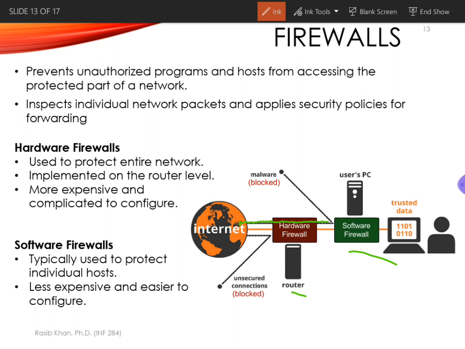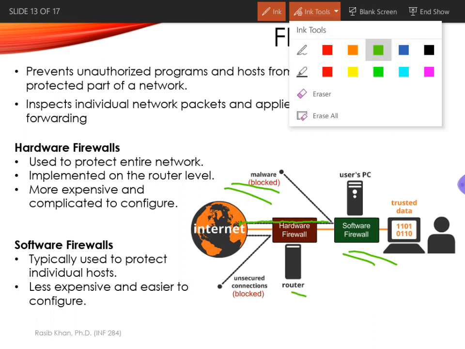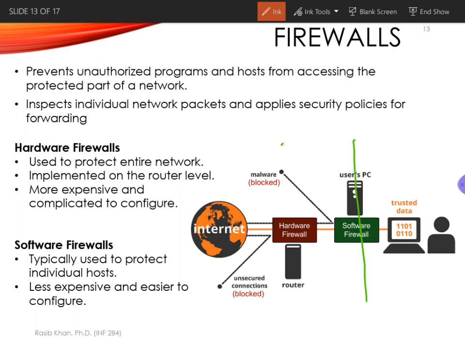But when it passes the hardware firewall, the software firewall can now identify this unauthorized activity that is trying to access my PC, and then block it. So a combination of both the software firewall and the hardware firewall is required to make sure that the user behind the private network is able to securely operate in the network.